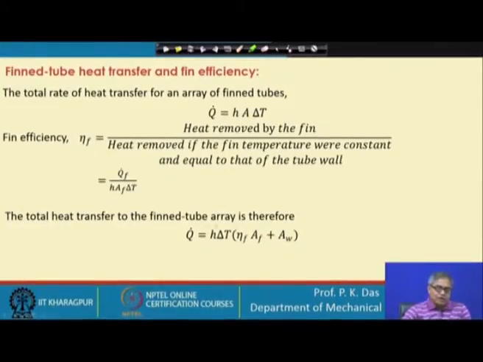Then the total heat transfer to the fin tube array is therefore Q dot is equal to H into delta T. Fin area has to be multiplied by your fin efficiency, and then this is the bare area. This is having the temperature of the bare tube. So, this is how in a nutshell will be our formula. Probably you know it, but as this is important, we have again repeated it.